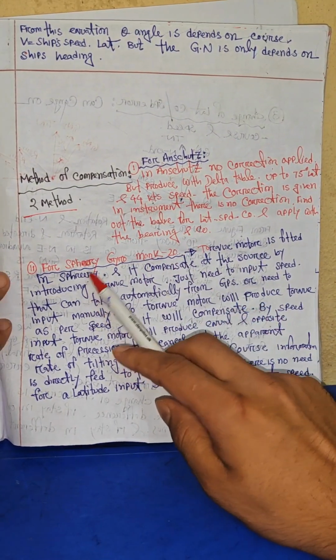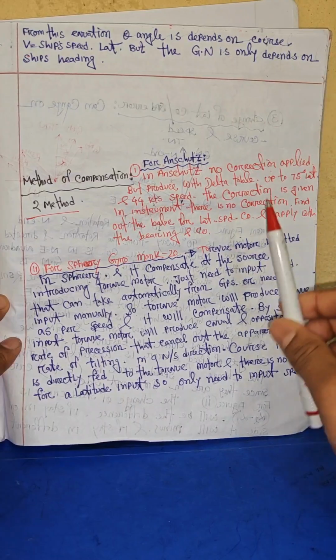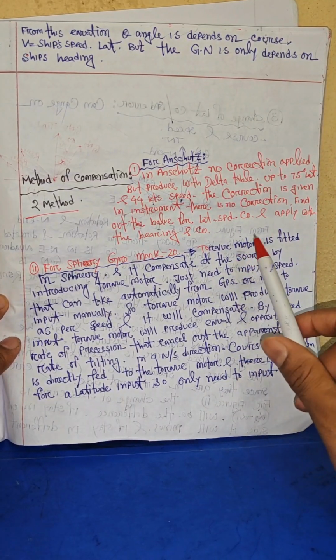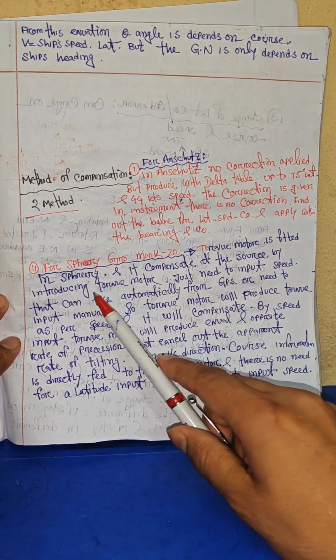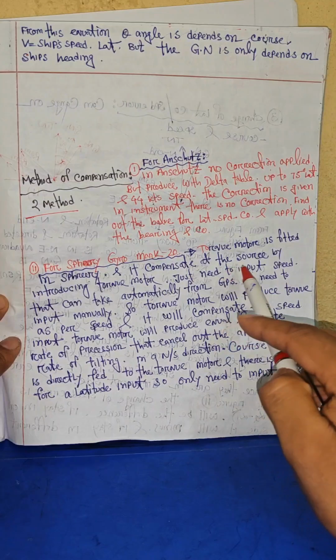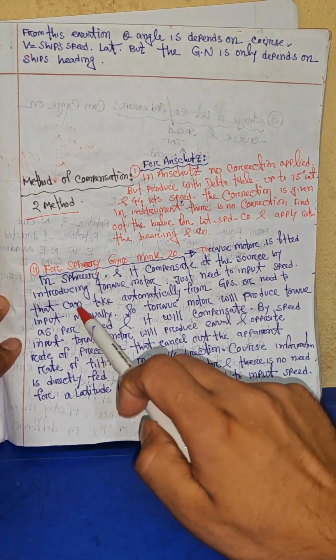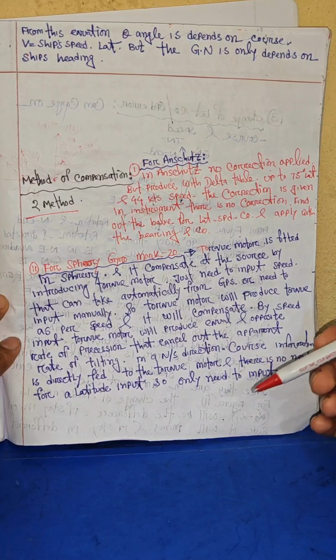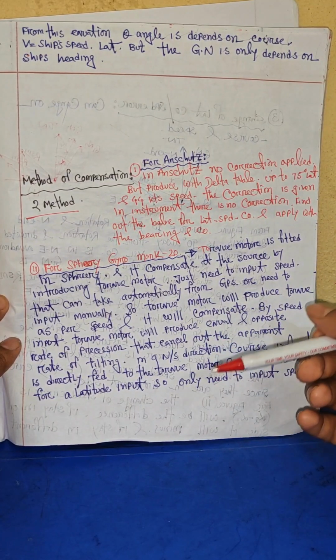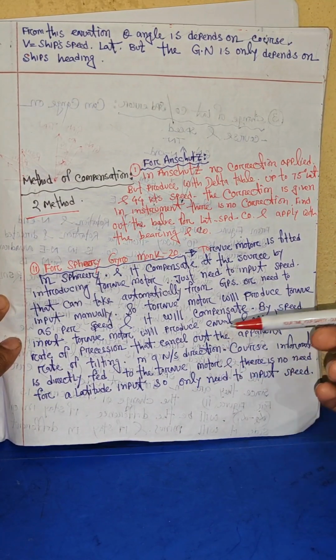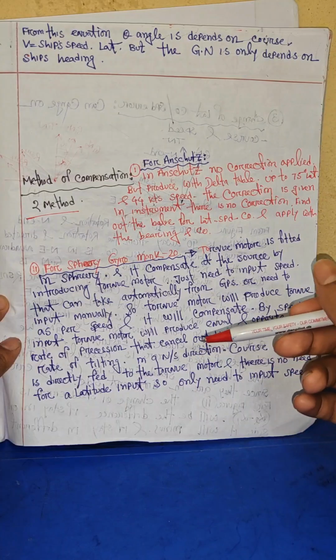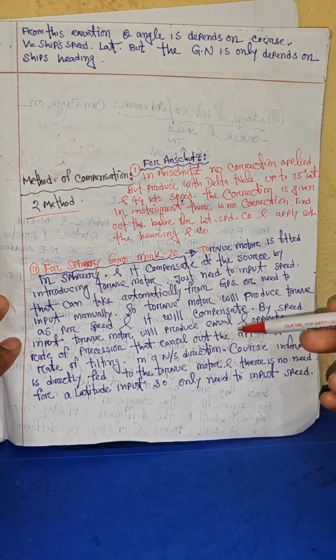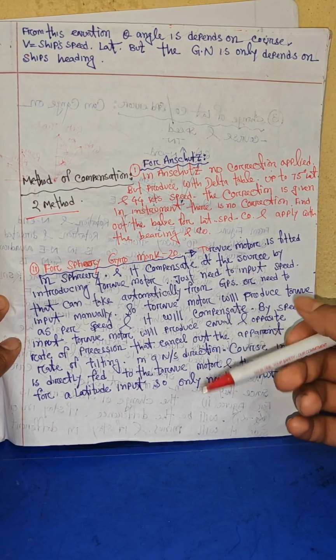Okay, and for the Sperry gyro compass, you know that the torque motor is provided. So the torque motor is fitted in the Sperry gyro compass. It compensates at the source by introducing the torque motor. Just need to input the speed. Guys, in my personal experience I input the latitude and speed. The latitude and speed are taken automatically in my ship.